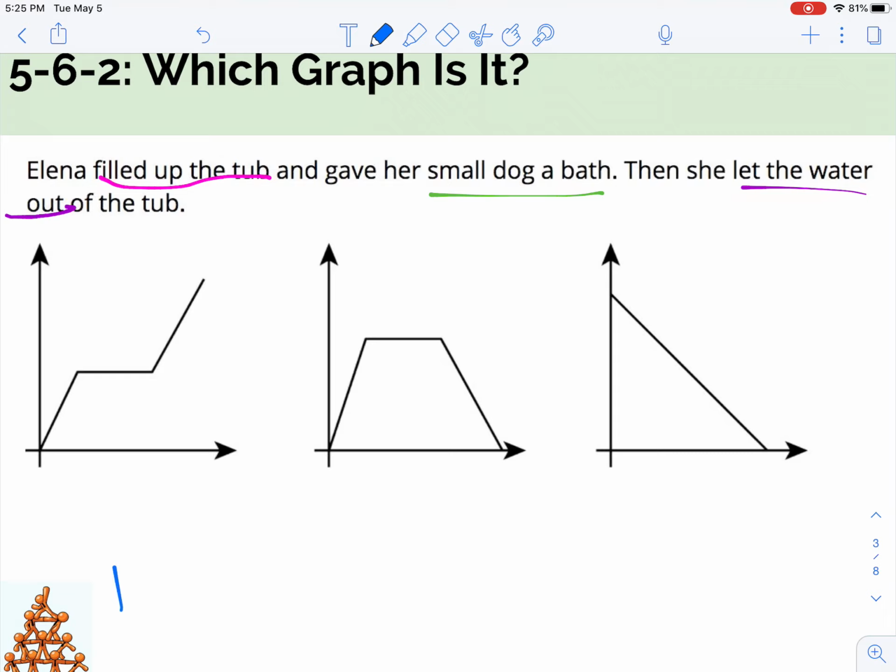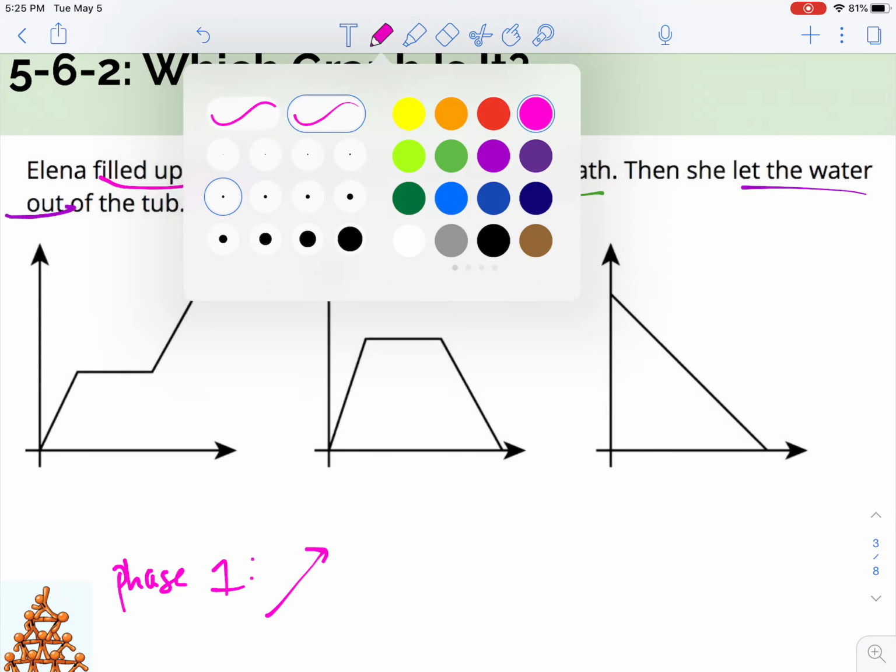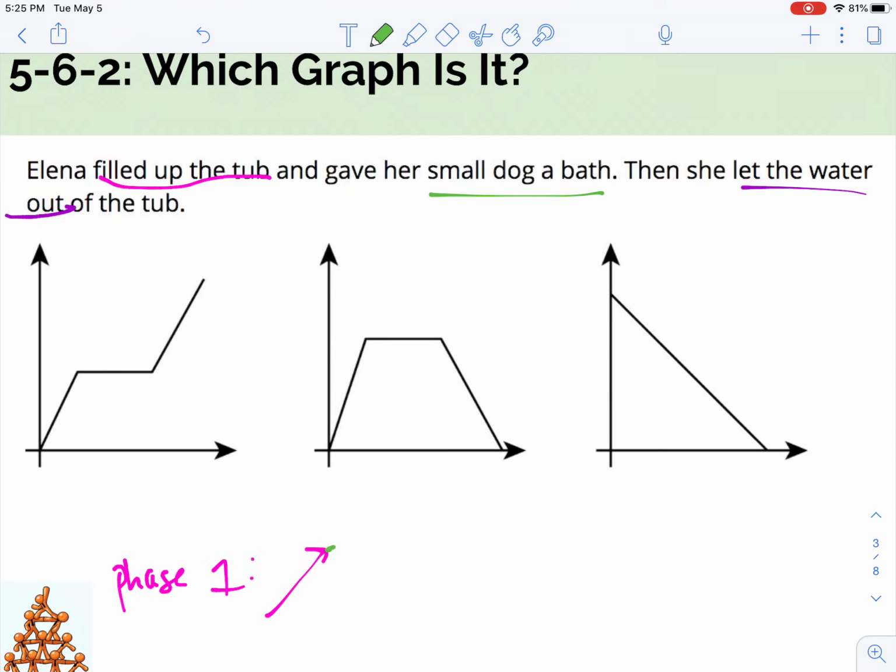So phase 1, wait, let me stick with the same colors. Okay, phase 1, if I were just drawing this on my own, is for sure an increase because she's filling the tub. Phase 2, she's giving the dog a bath, nothing's happening. The water is staying the same, most likely.